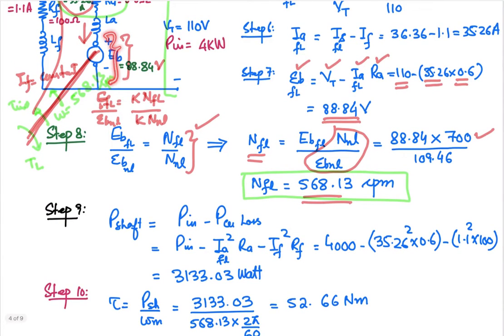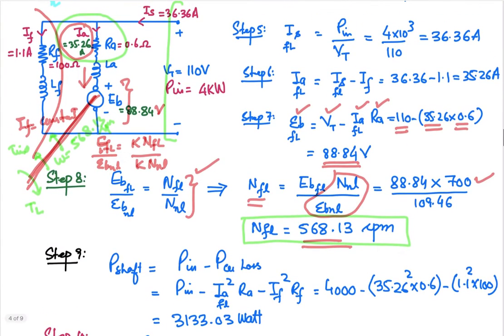So P in minus the armature copper losses minus the field copper losses, you will get the power that is converted into the mechanical form, and we are going to call it the electromagnetic power. And assuming that there is no mechanical loss, the power available at the shaft will be equal to the electromagnetic power in this particular case.